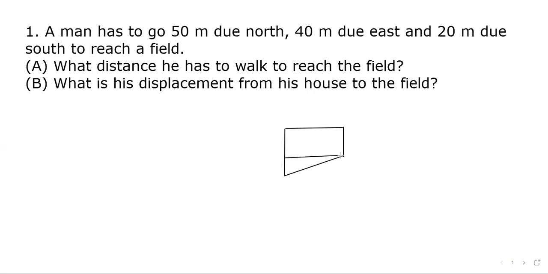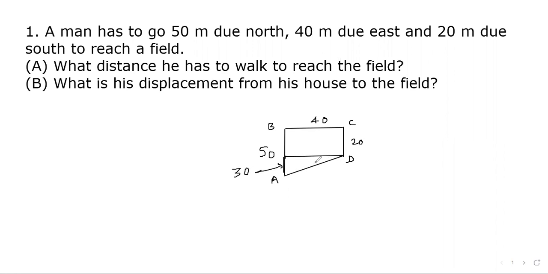We can draw perpendicular and then we can analyze. So let's see. A to B is 50, B to C is 40, and C to D is 20. Then this remaining portion will be 30 because the total is 50.